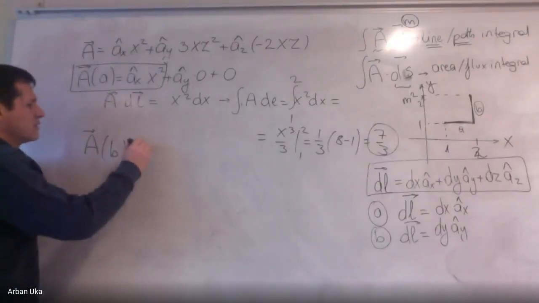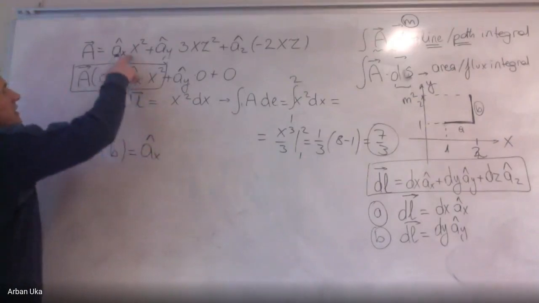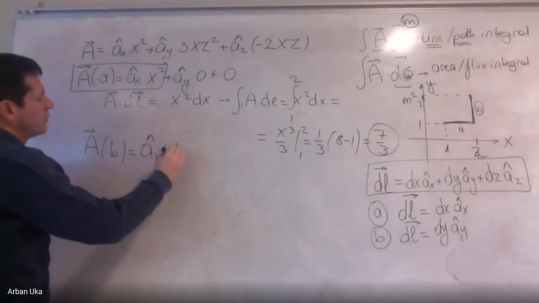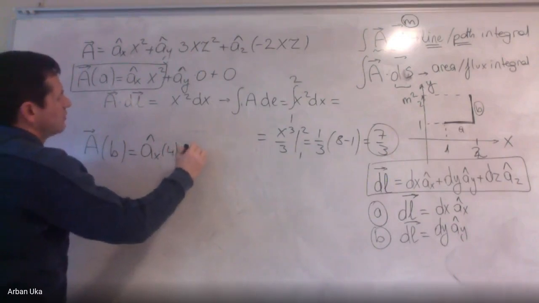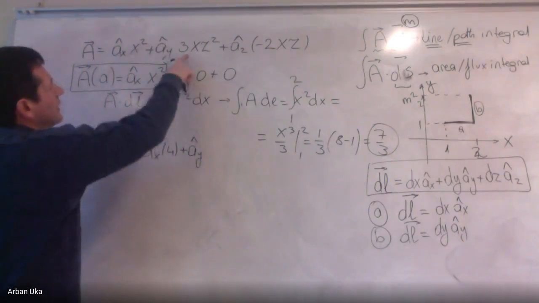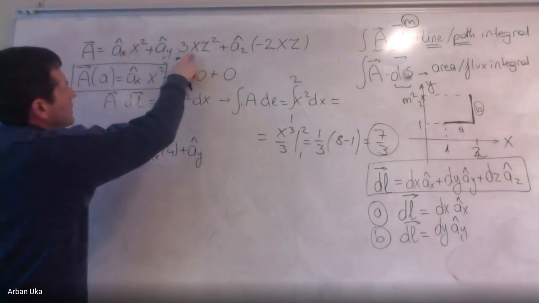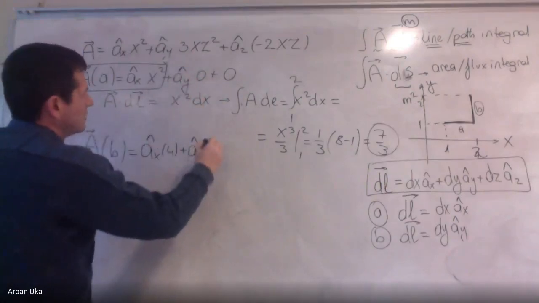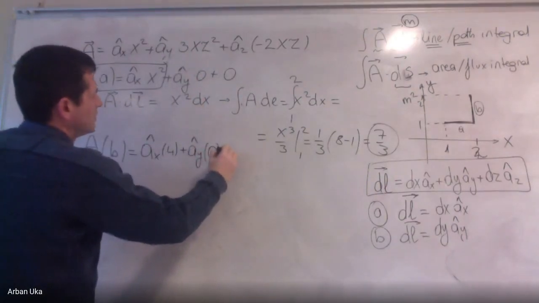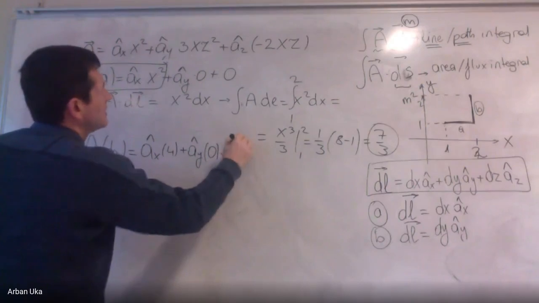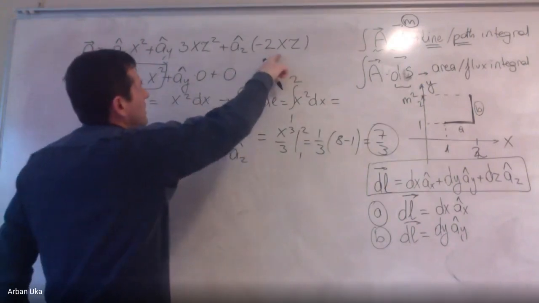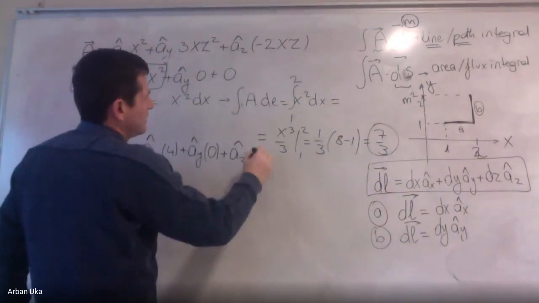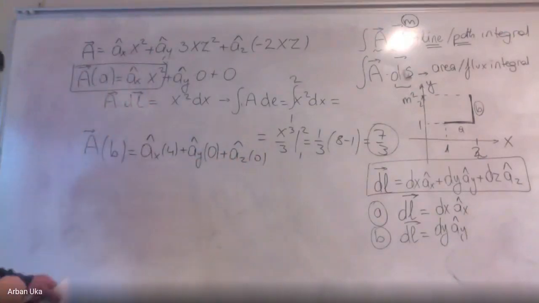So this is equal to ax, this x squared we write here 4, plus ay, x is 2, 3 times 2 is 6, z is 0, so you get 0, plus az, we get here 2xz, z is also 0 again, so I think we'll be left with only 4ax.